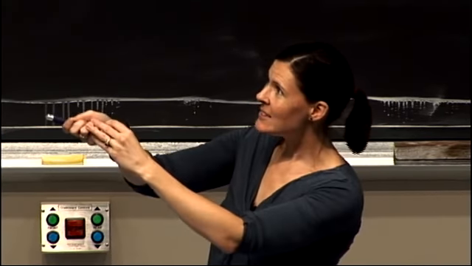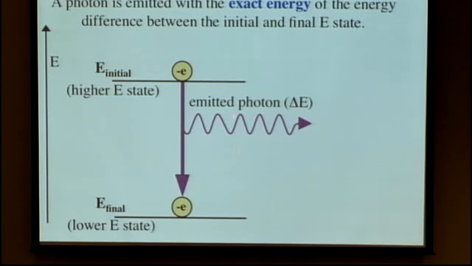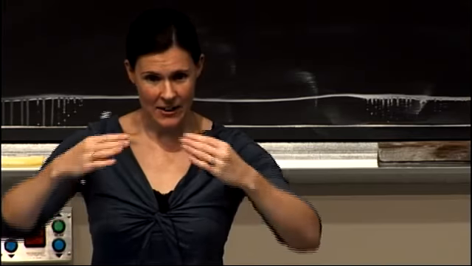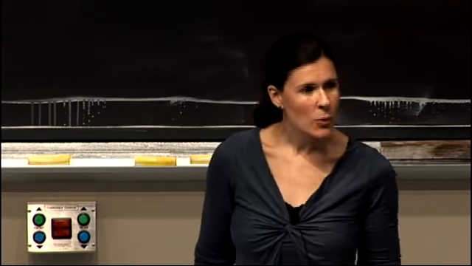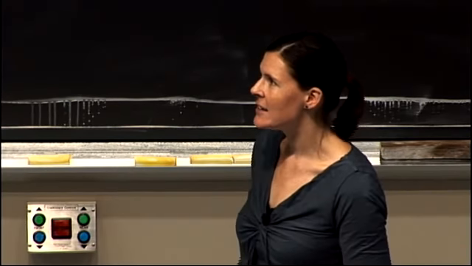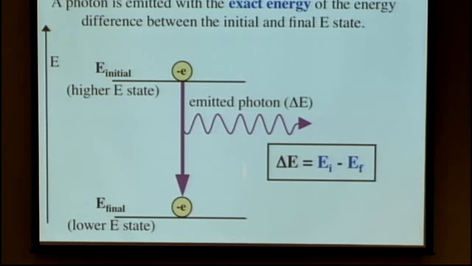That is the difference between these 2 energy states. That makes sense because we're losing energy, we're going to a lower level, so we can give off that extra in the form of light. And we can actually write the equation for what we would expect the energy for the light to be. So this delta energy here is very simply the energy of the initial state minus the energy of the final state.